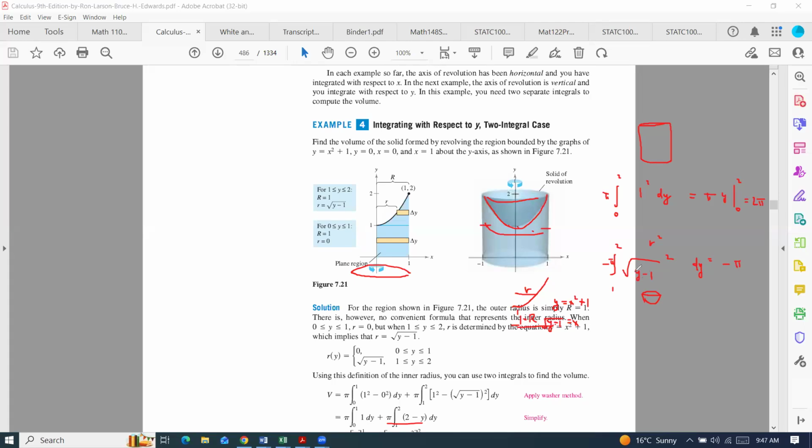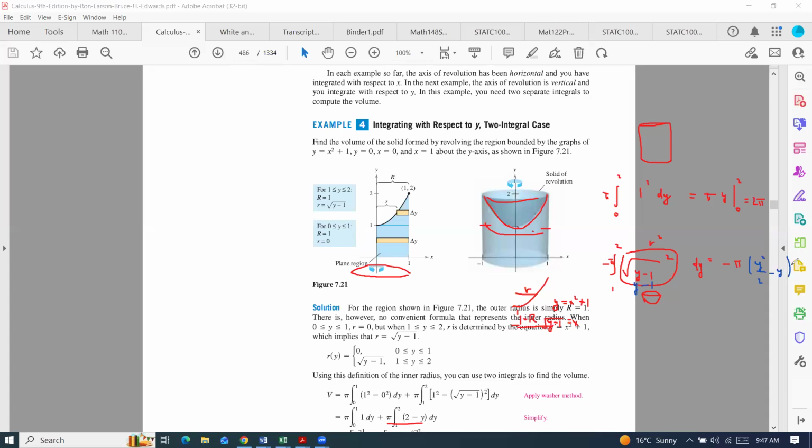And for the other one, when I have a square root, it will be subtracting pi multiplied by, again, the structure will just give me the antiderivative of y minus 1, right? Y minus 1. So it'd be y squared over 2, and then we subtract just y.